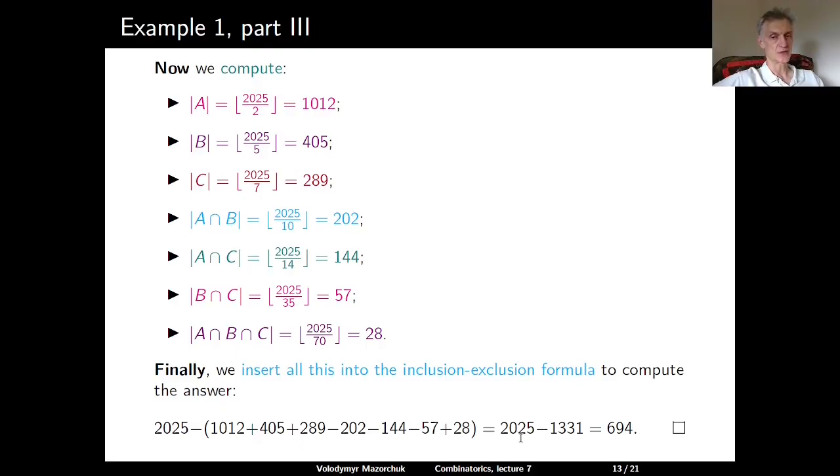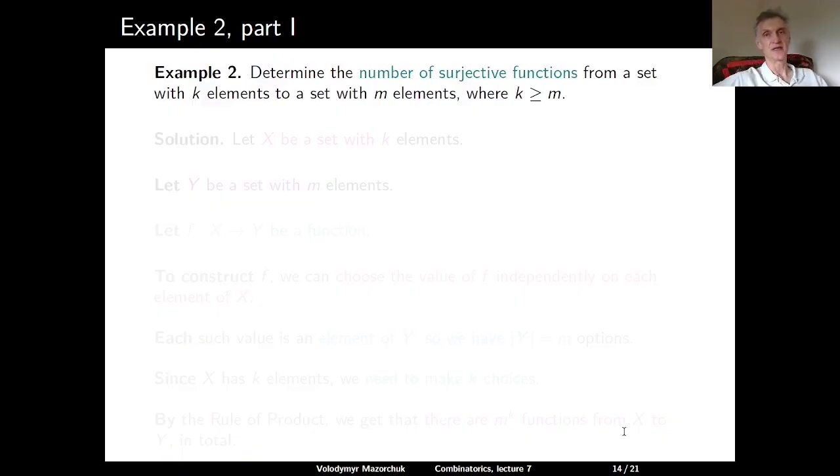This gives us 2025 minus 1331, and the final answer is 694.